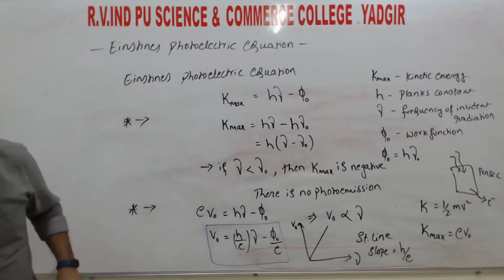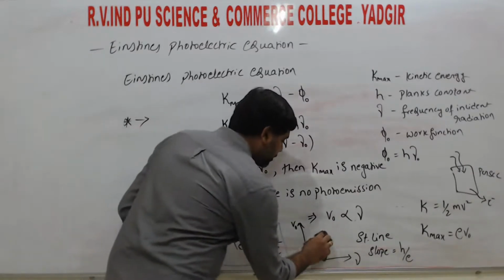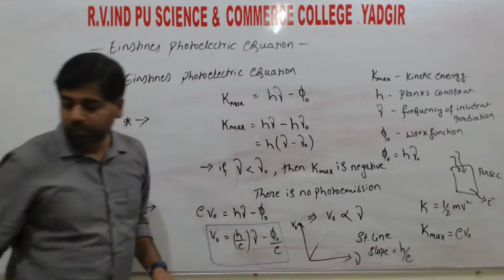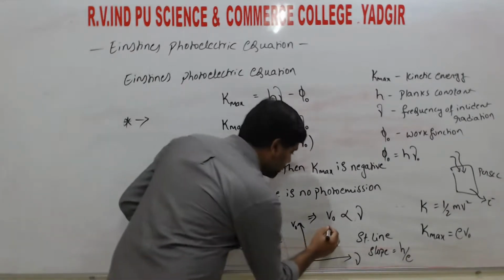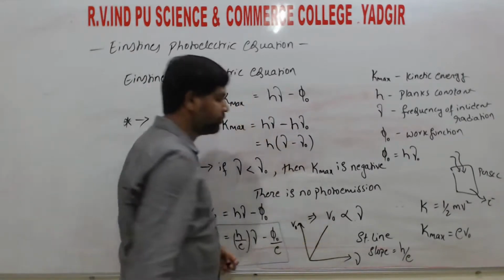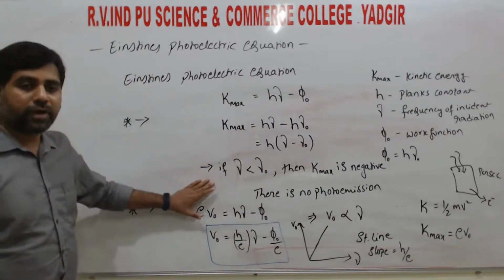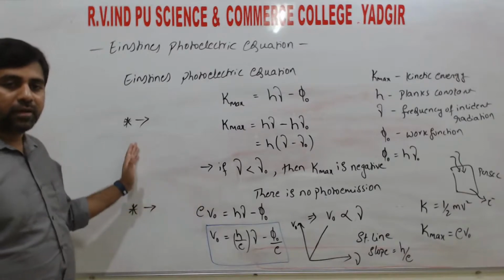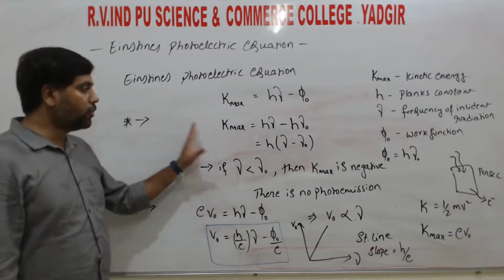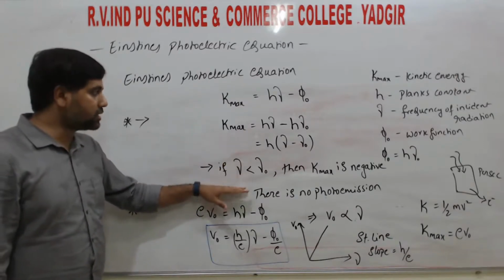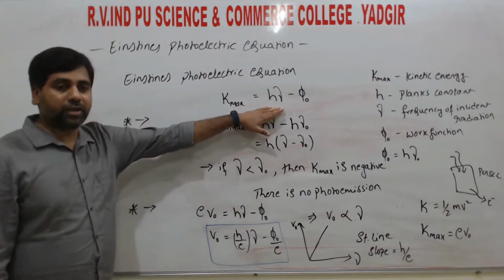This will be either like this or like here, right? So these 4 points we discussed in the experimental study. The same factors we discussed by using this equation, right?